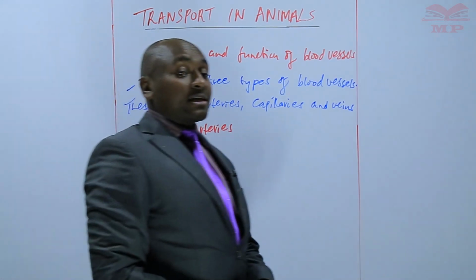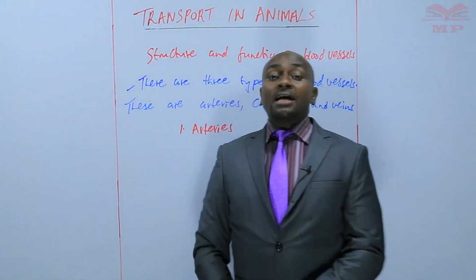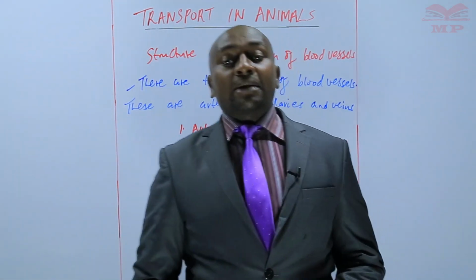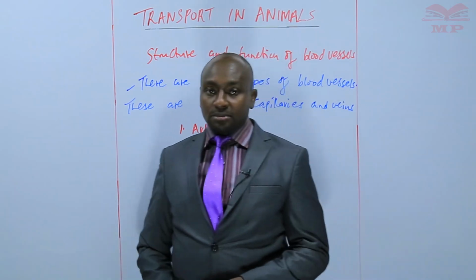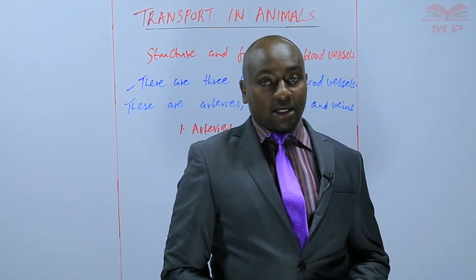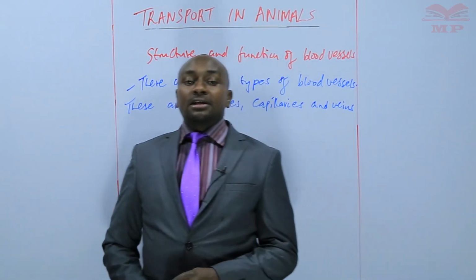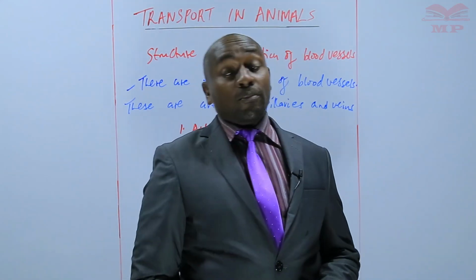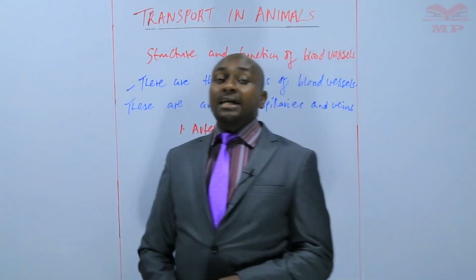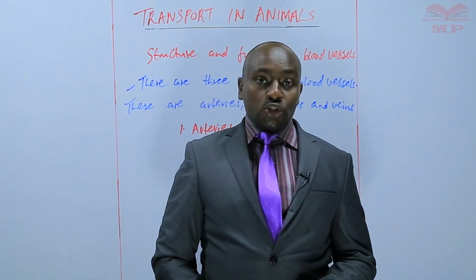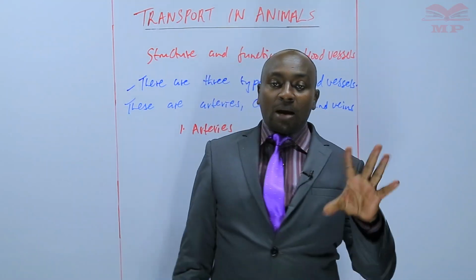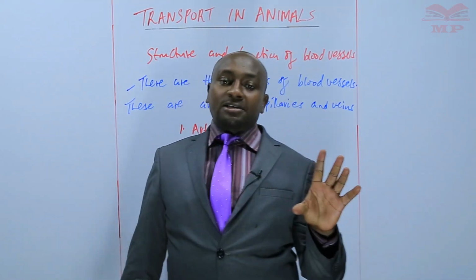And first of all, we can say that arteries are blood vessels that carry blood away from the heart. They carry blood away from the heart. And this blood that is coming from the heart is usually at a high pressure, because of the pumping action of the heart.